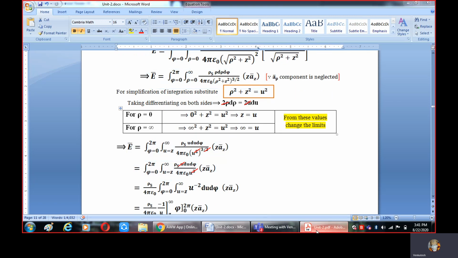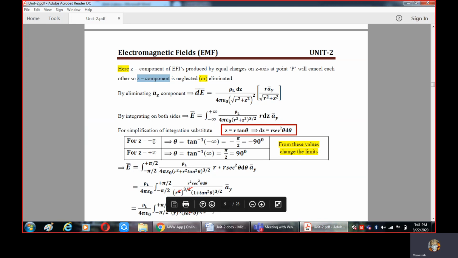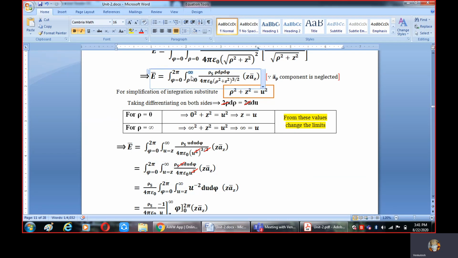Here, as in the infinite line equation, we changed the z limits to theta limits to simplify the derivation. Here we replaced the rho limits with u limits, u equal to z to infinity. And we have rho s, rho d rho.